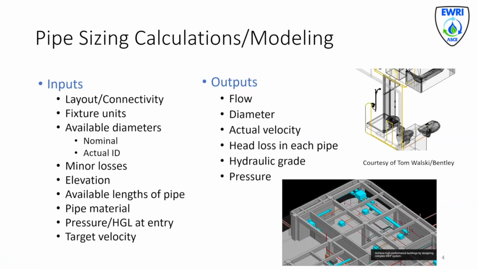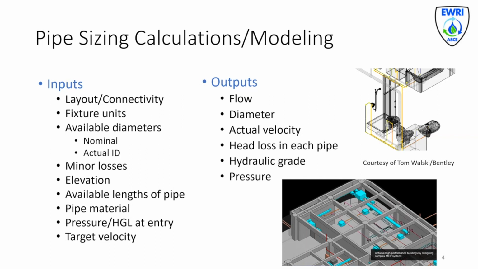The methods we're going to be talking about today involve a lot of different calculations, and for this slide, Tom Walski shared this information with me, so I'm happy to share it with you today. It helps explain what the inputs are to these types of calculations and modeling and what the outputs are. Here you see a lot of information about the layout and the connectivity of your pipe system. What types of fixtures are you going to have? Fixture units is something we're going to hear a lot about today, which is a design factor used when we're designing these premise plumbing systems.